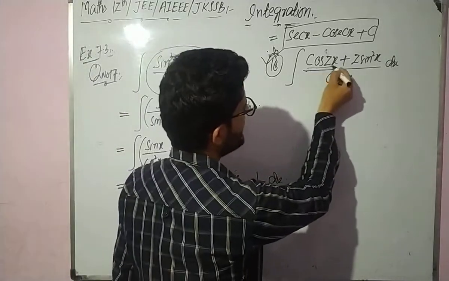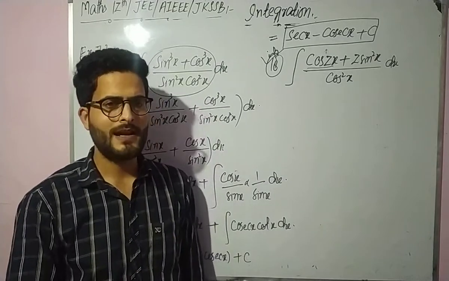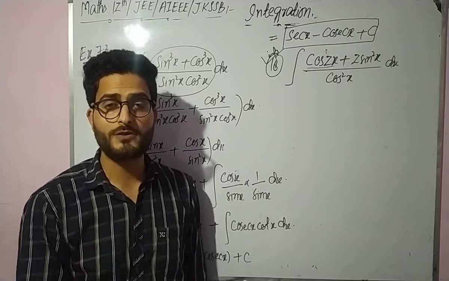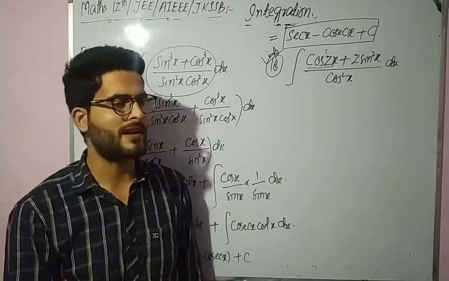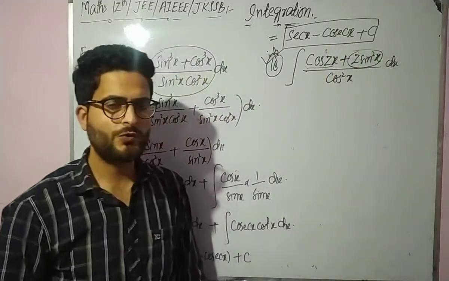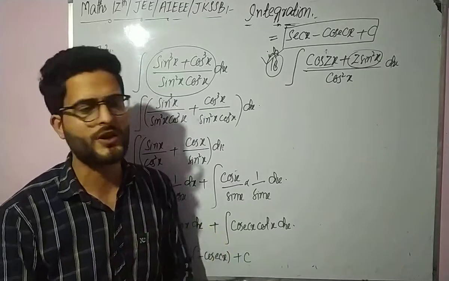Since cos 2x is there, cos 2a has so many values, so many formulas. Cos square x minus sine square x, 1 minus twice sine square x, twice cos square x minus 1. But since we have twice sine square x as a positive term, we will use cos 2a as 1 minus twice sine square a.